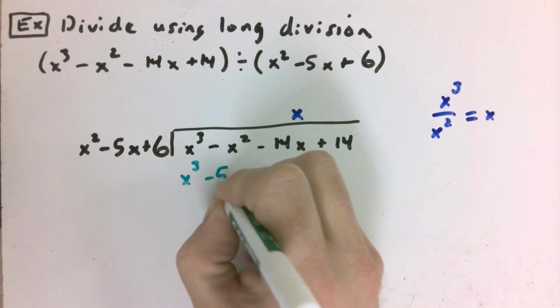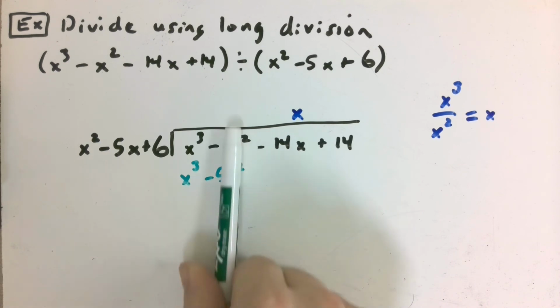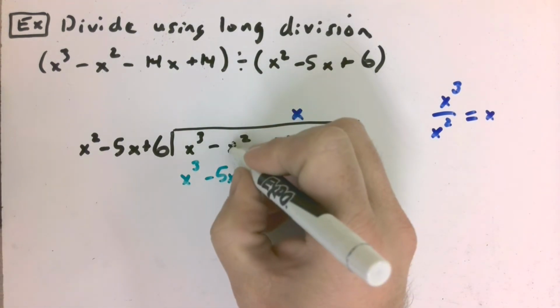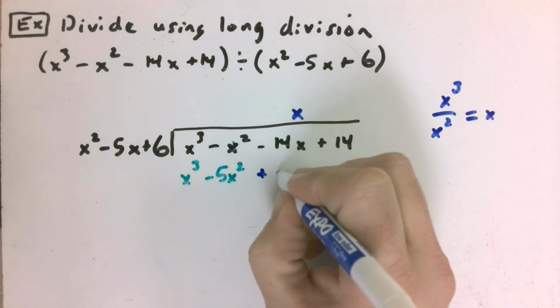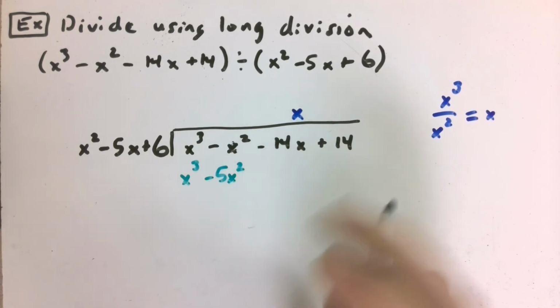I'm going to put that in the next column, in the x squared column. And then in our next column, I'm going to do x times 6, which would give me 6x. That's a positive 6x. So let me write that in there.